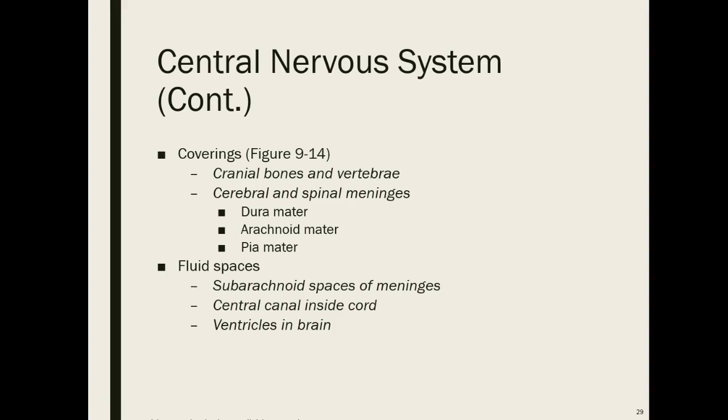So this provides our protection. And then we also have what's referred to as meninges. So cerebral and spinal meninges, composed of dura mater, arachnoid mater, and pia mater. So the meninges form a protective covering around the spinal cord.